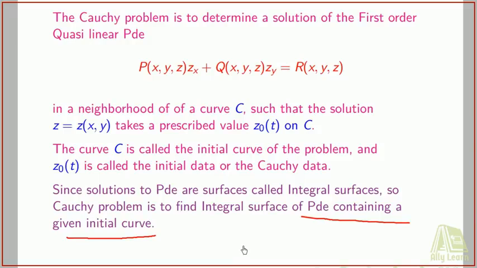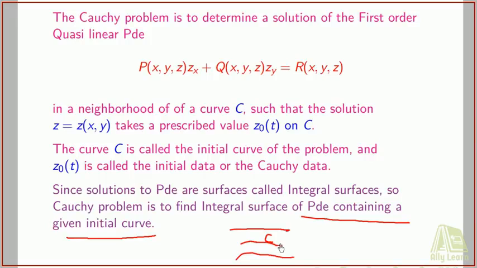So in the Cauchy problem, we consider that solution surface that contains the given curve C. In the Cauchy problem we select that surface that contains the given curve C. So what we are doing is giving that arbitrary function a particular value.